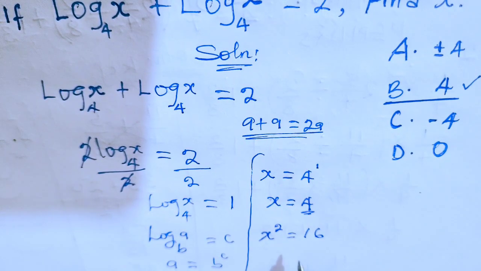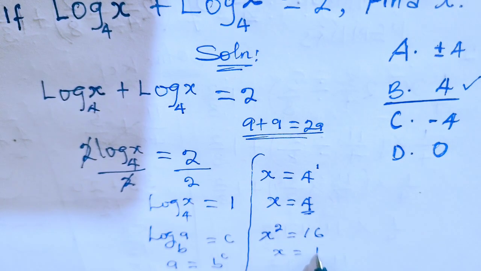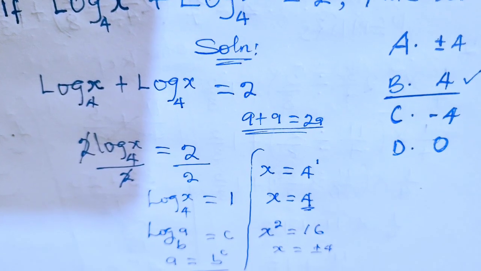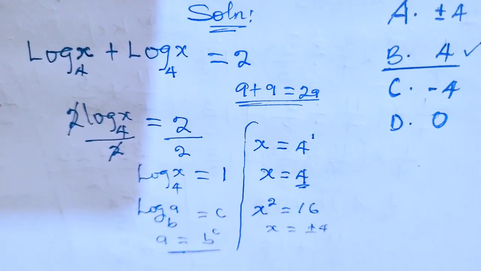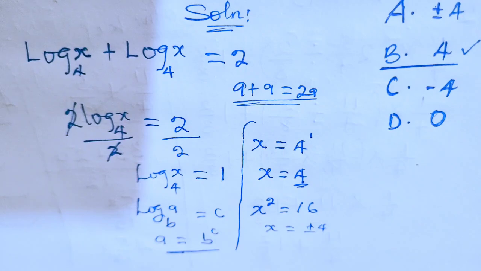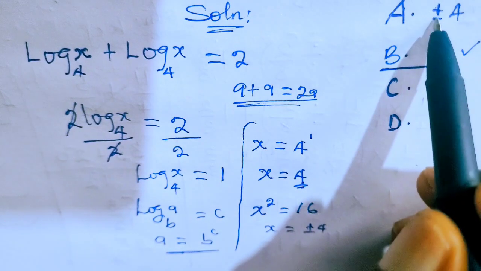At this point here, for x we have two values which give us neither positive or negative 4. But logarithm cannot be expressed as a negative because logarithm of a negative value is undefined. Then as such, we only consider the positive value of x right here. As such, this option is wrong.